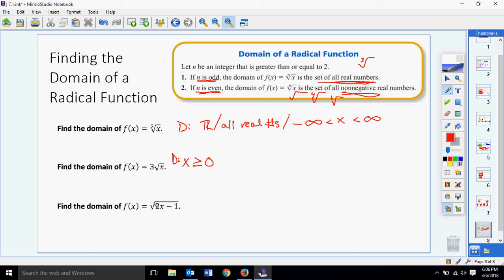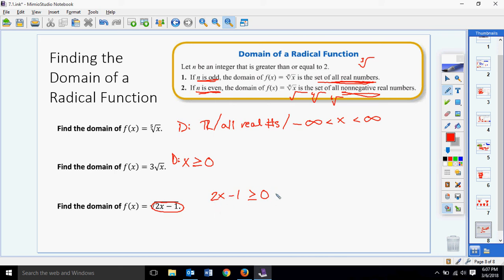All right, down here, again, I'm taking a square root, so my index, my n, is even. So everything under my radical has to be bigger than or equal to 0. So 2x minus 1 has to be greater than or equal to 0. But now, it wants the domain, so we're trying to figure out what values of x I can plug in.